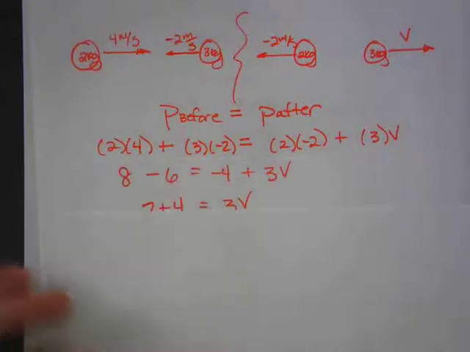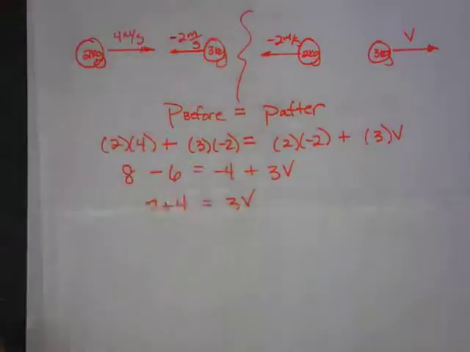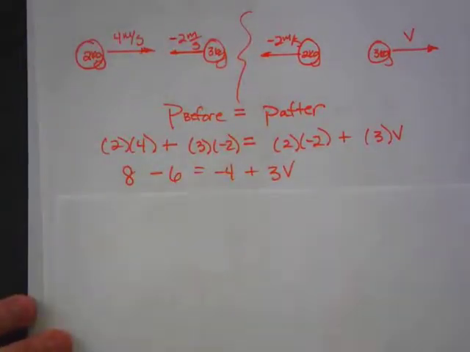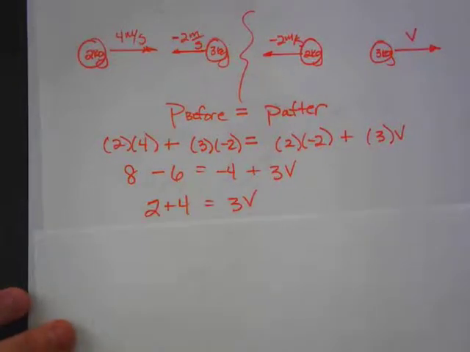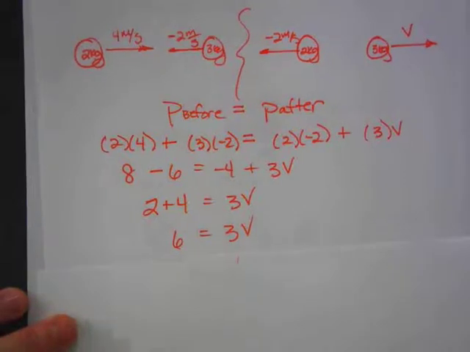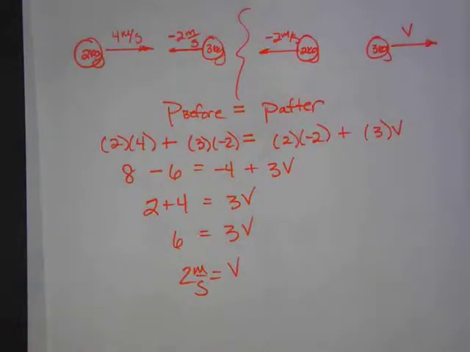Let's find out. 8 minus 6 equals -4 plus 3v. Everybody okay with that? So then we're going to do 2 plus 4. What does it equal? 2. So you were in the neighborhood. Very nice.